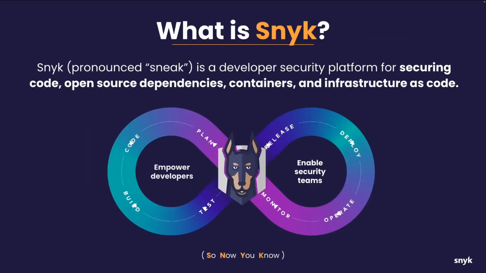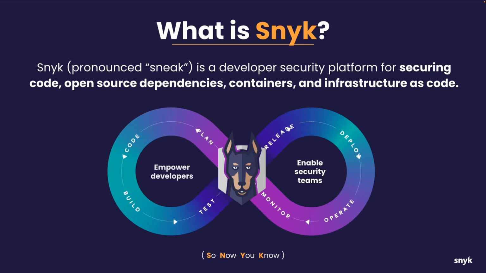So first, what is Snyk? Snyk is a developer security platform that helps you find and fix issues in your first-party code, your open source dependencies, your container images, and your infrastructure as code. We were founded in 2015, and we've been growing rapidly ever since. And in the beginning, we knew that there was a shortage of security experts out there.